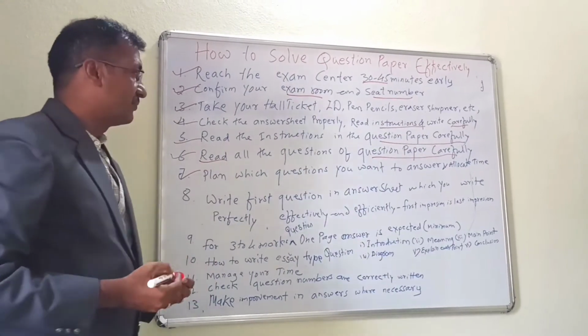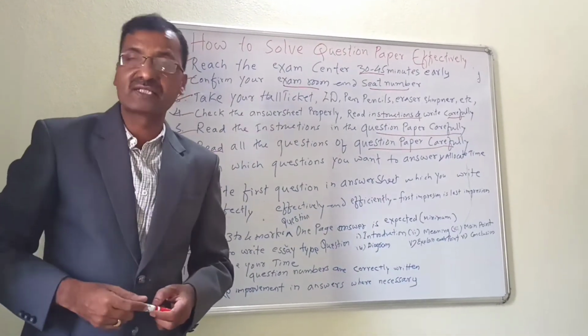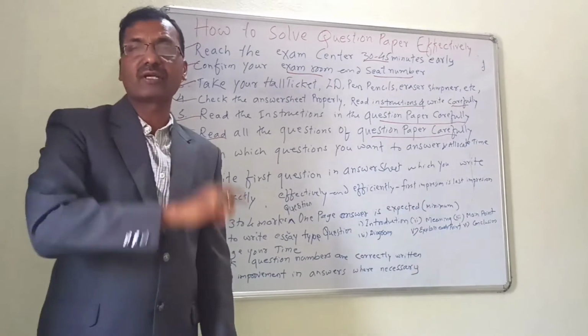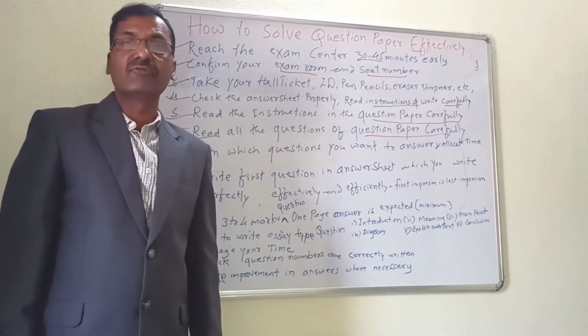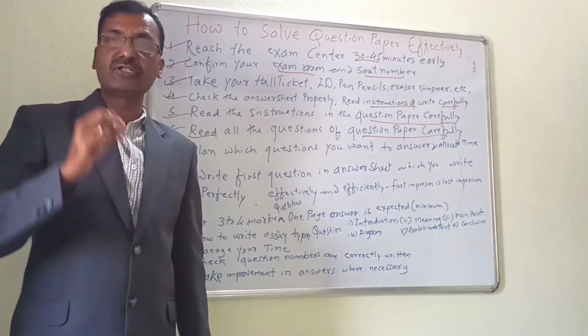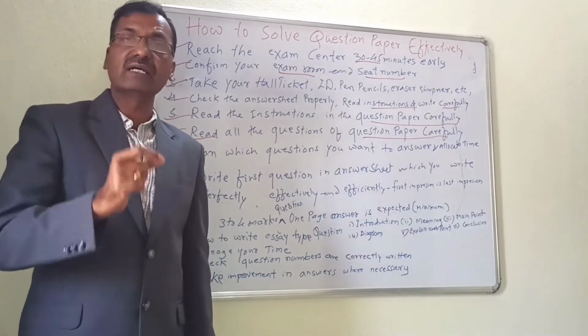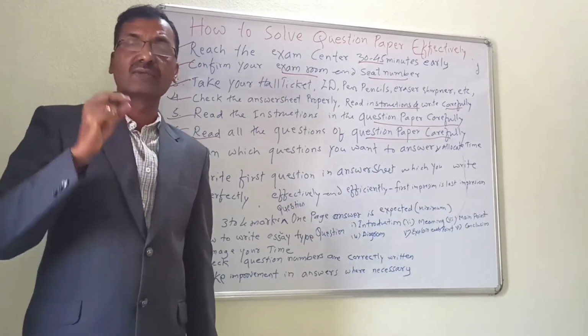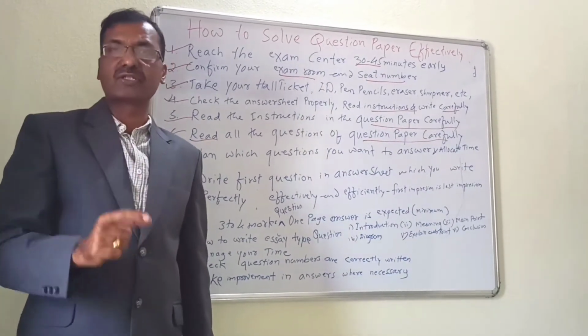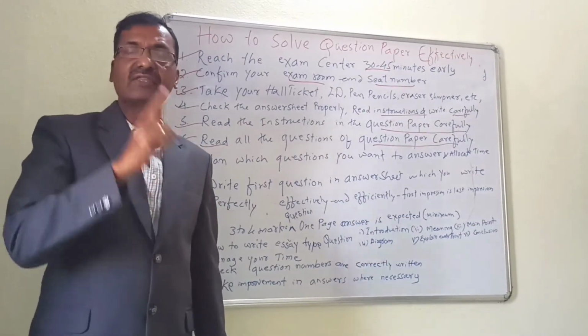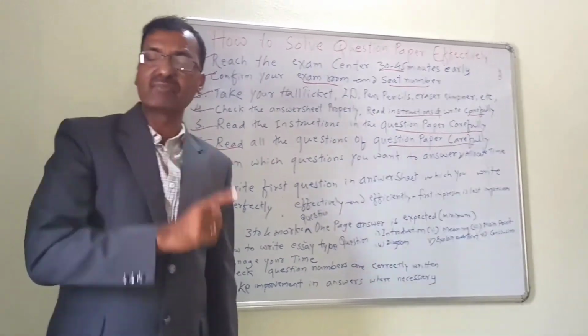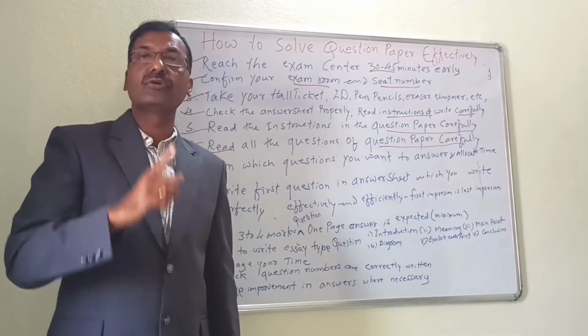Next, plan which questions you want to answer first. You have to write that particular question which you know best, which you can answer in a proper manner, because first impression is last impression. So write the answer of the question which you know best.